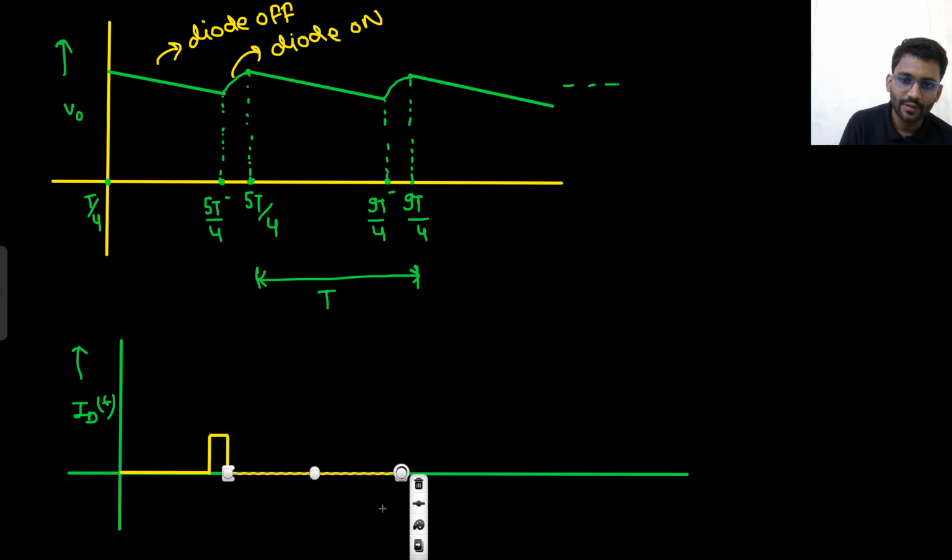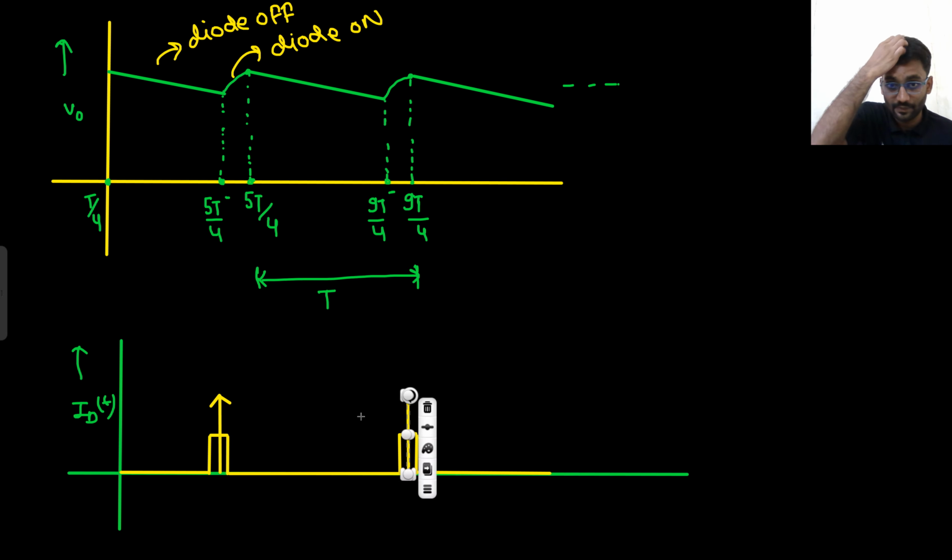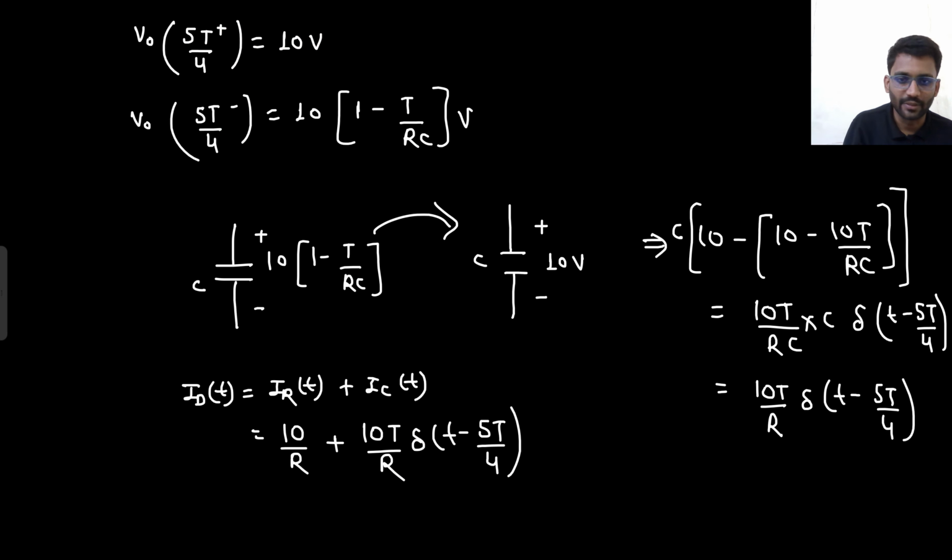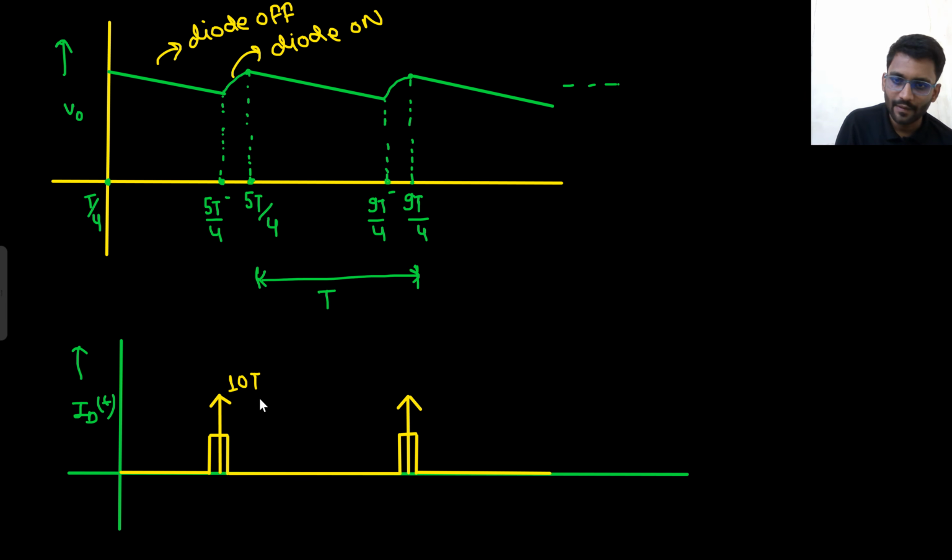And again the diode will be off. The magnitude of this impulse is 10T by R.